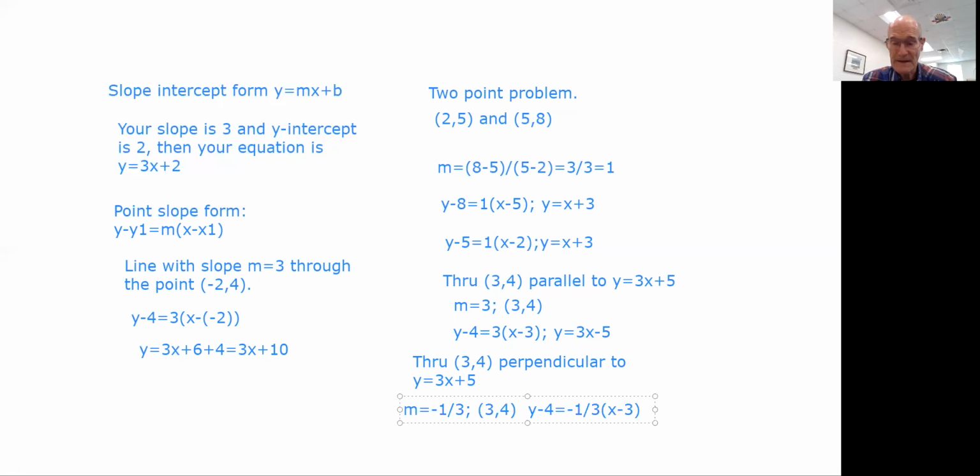And if I work that out, let's see if we get room down here for one more. I would get y equals minus 1/3 x, and then minus 1/3 times 3 is 1, and then the 4 comes across, so that would be plus 5.